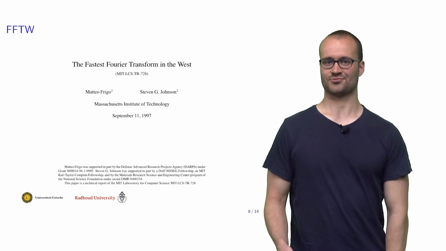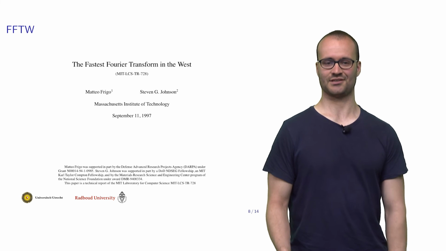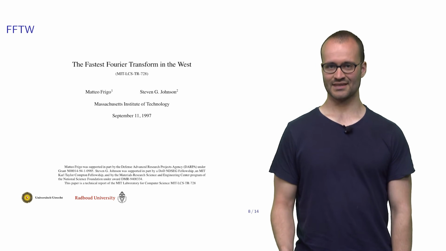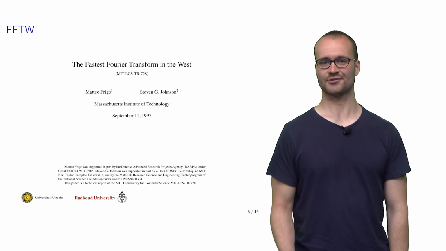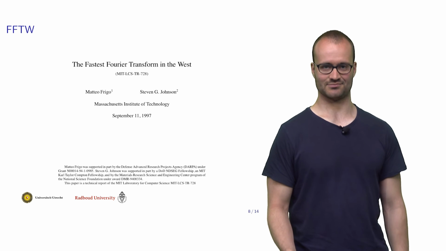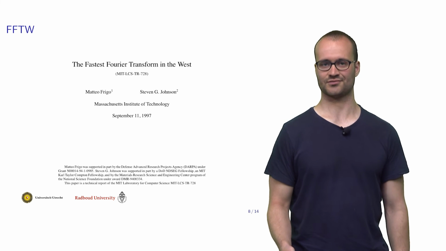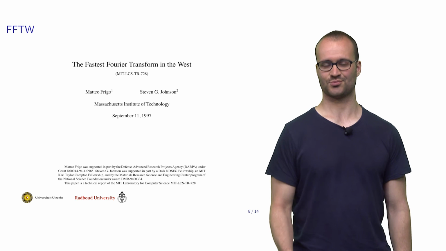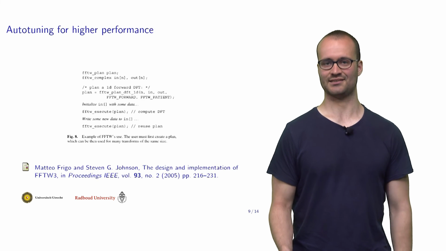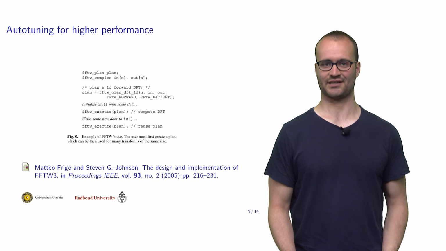The first package we're talking about is called the Fastest Fourier Transform in the West. The way this program works is that there are a number of very optimized small FFTs that are generated by the system. And then these are combined in several cache-friendly ways to do a large FFT.